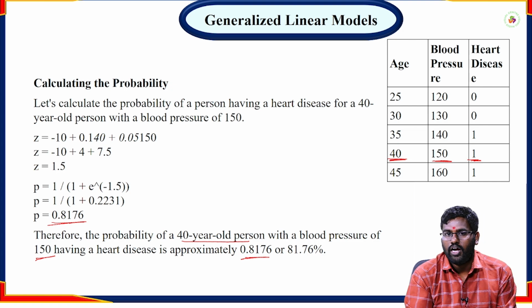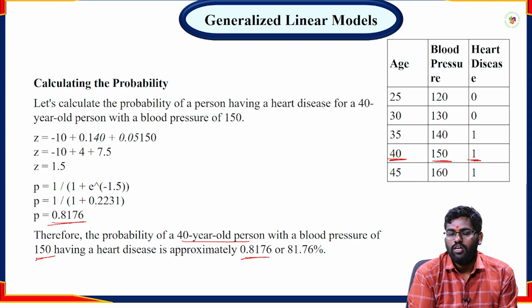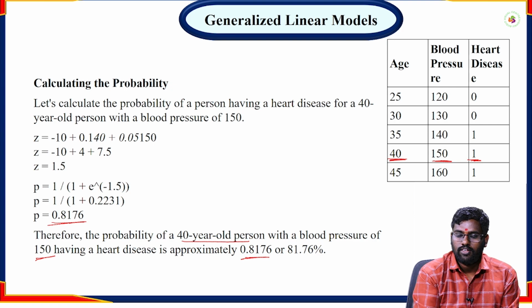Let us assume that one condition based on our values. So a 40-year-old person with high blood pressure, that means 150, has an 81% chance of getting heart disease. So that is about one example.